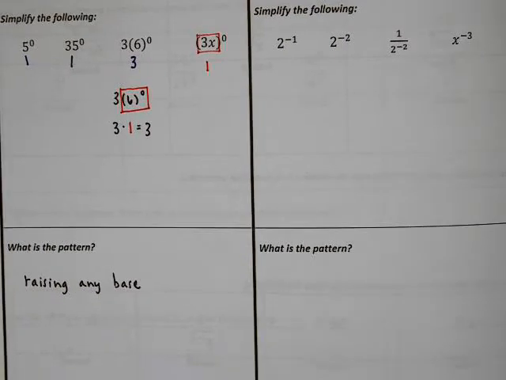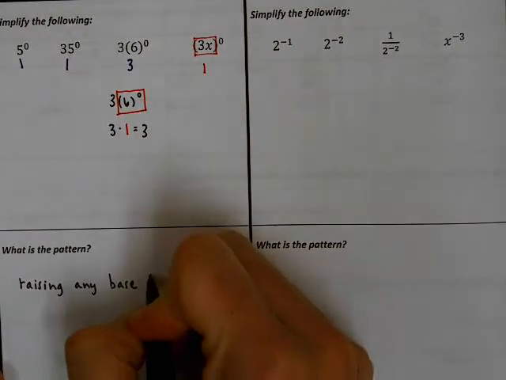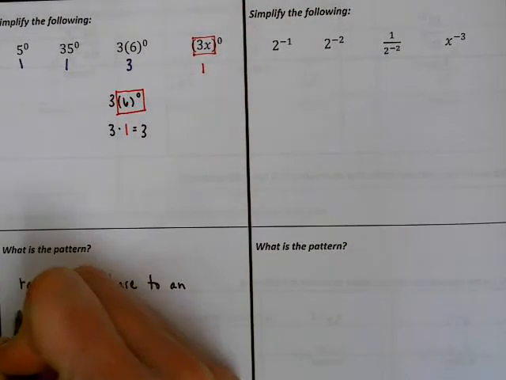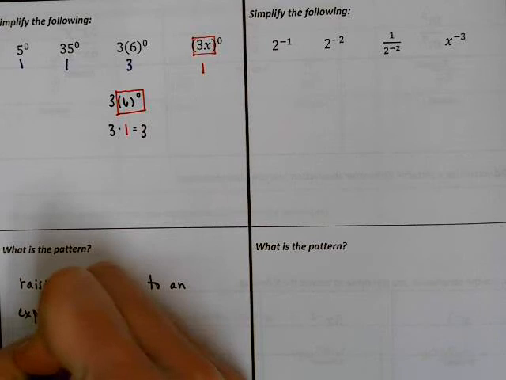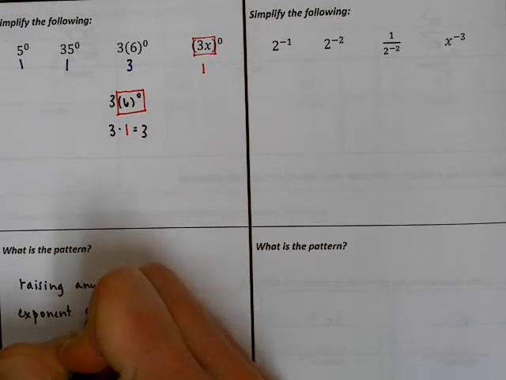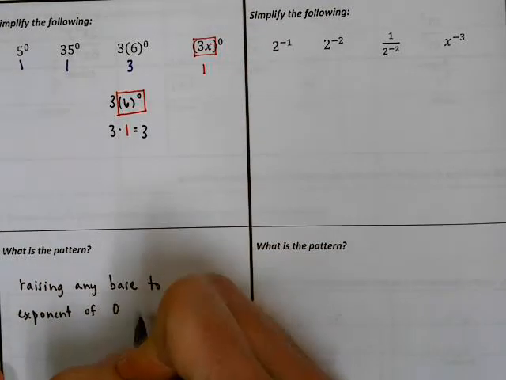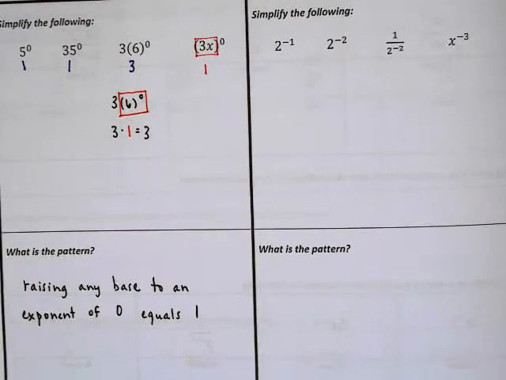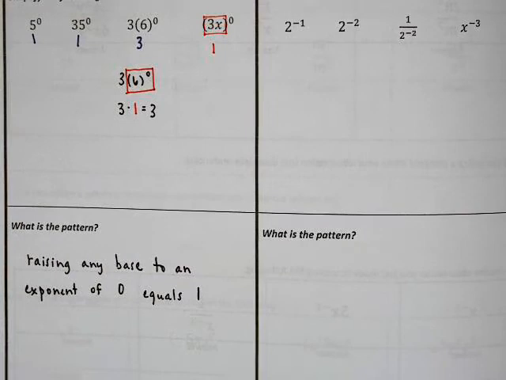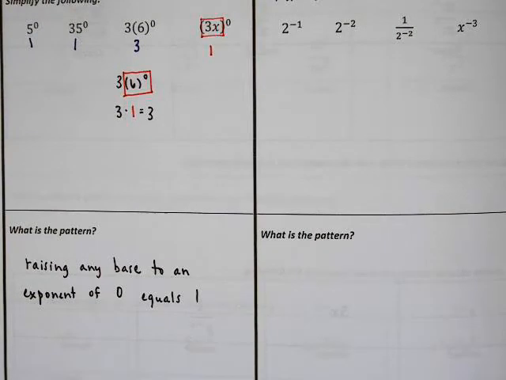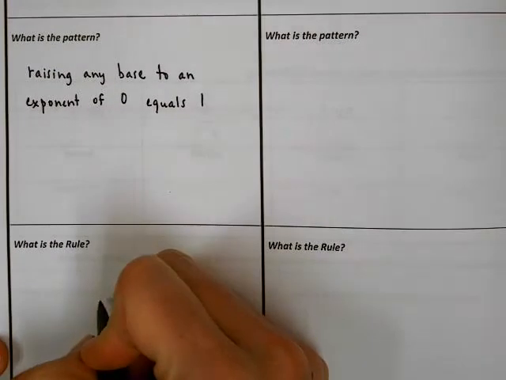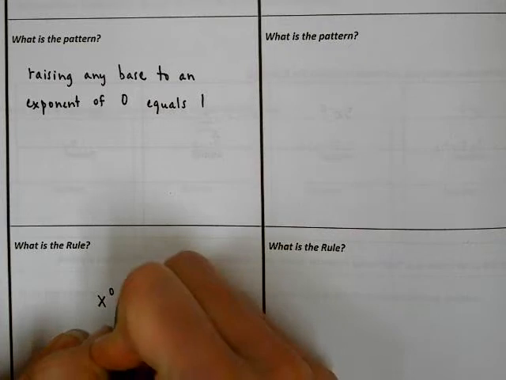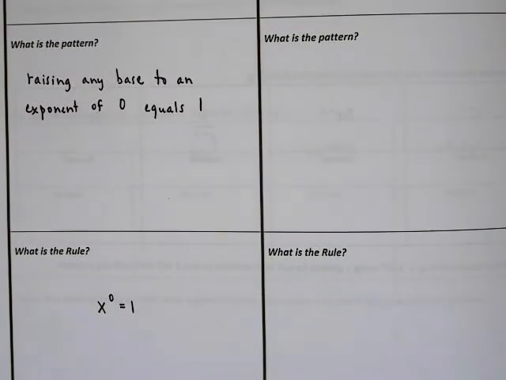But regardless, raising any base to an exponent of 0 equals 1. So any base raised to the power of 0 is going to give me 1. And so for our general rule, we express it this way: x, which could stand for any base, to the power of 0 is giving me 1.